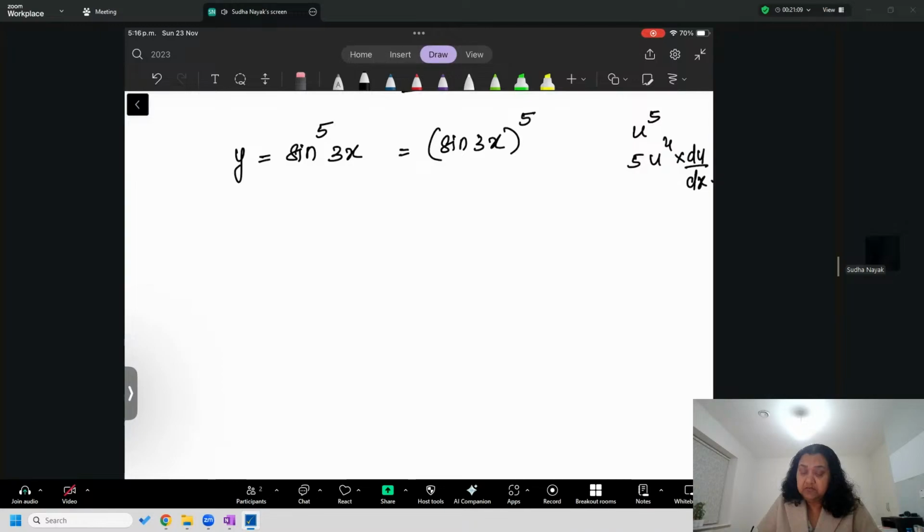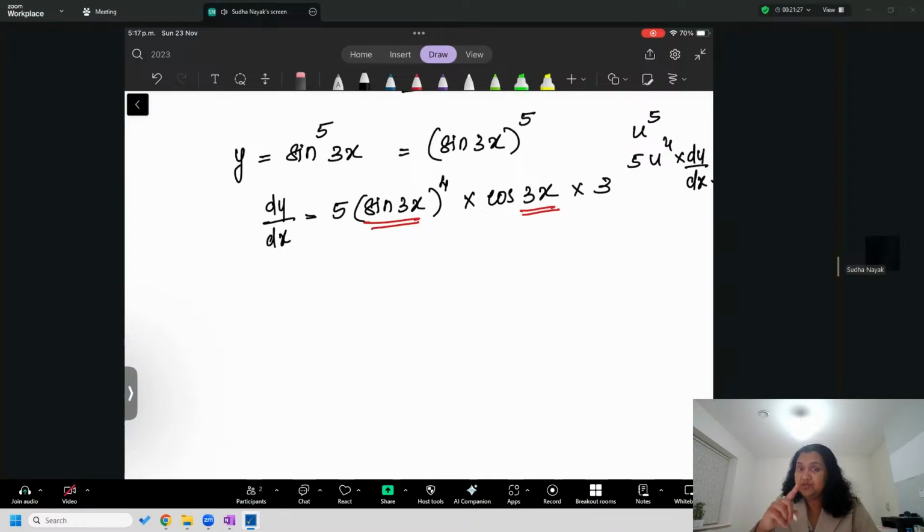So now here dy over dx can be written as 5 sine 3x to the power of 4 times the differentiation of sine 3x, so that is cos 3x, and then you have to differentiate 3x, so that will be 3. So there are multiple levels of differentiation, you have to remember that. So it will be 15 sine to the power of 4 3x times cos 3x.